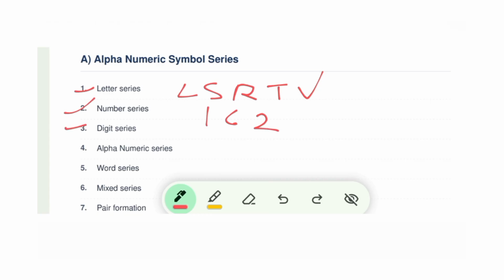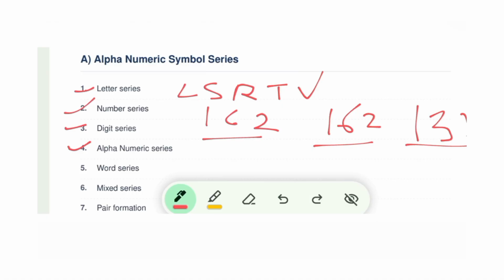Then the third is digit series. Here numbers are in pairs of 3 or 4 digits. Then fourth is alphanumeric series, where alphabets and numbers are both present in a mixture.